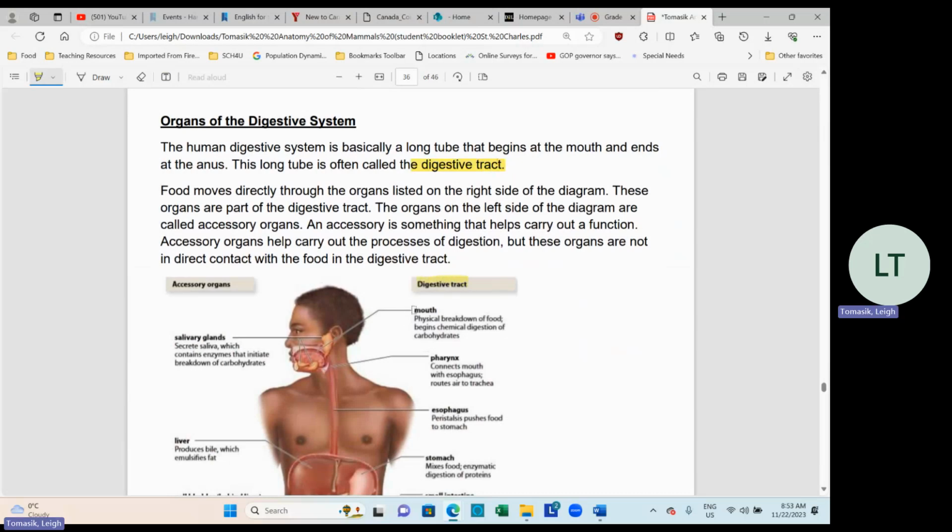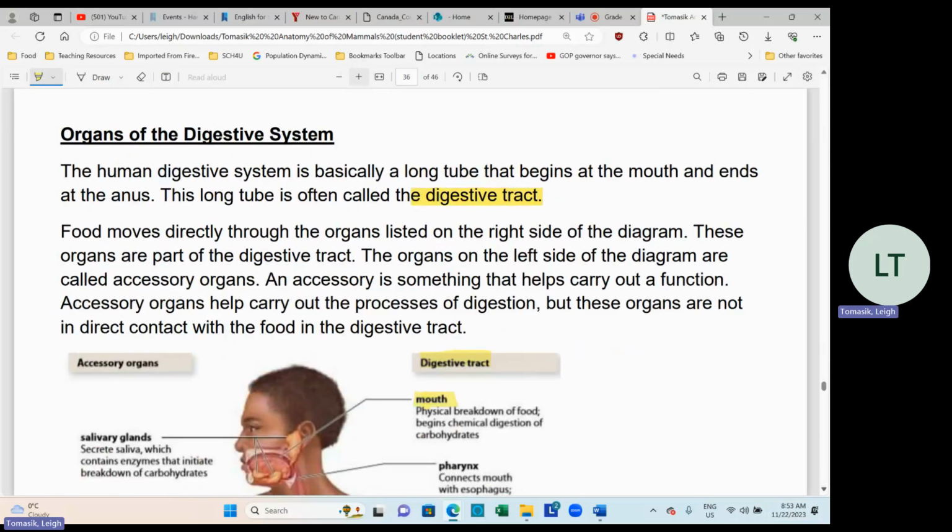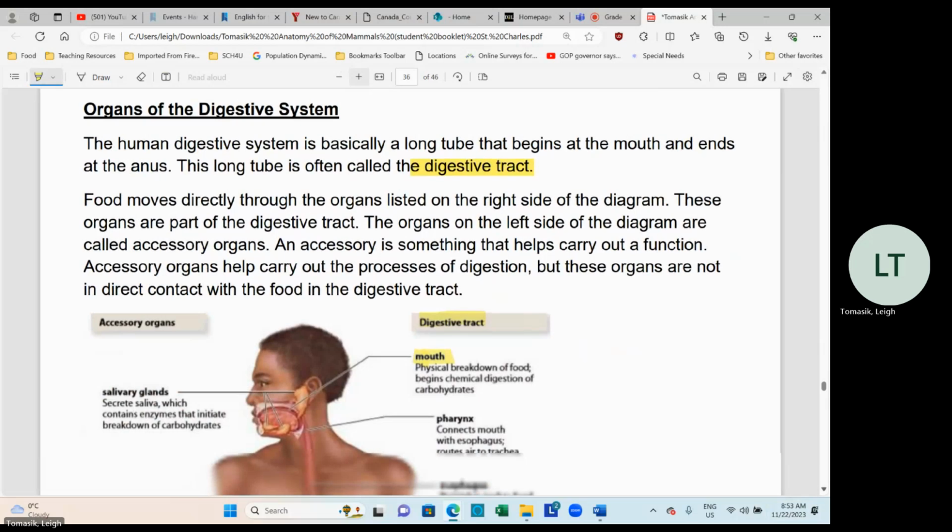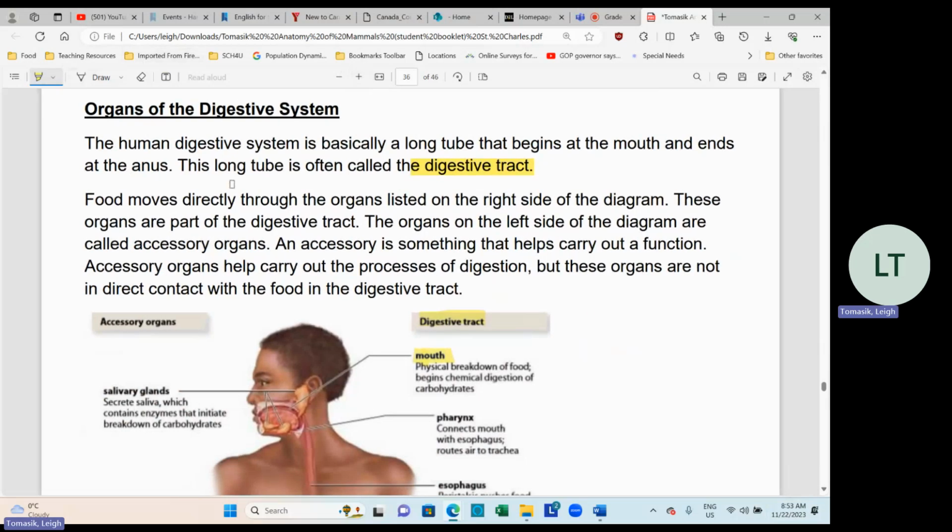So we can see the mouth, right? That's involved in ingestion and physically breaking down food with your teeth, and chemically breaking down food with your saliva, right? Especially carbohydrates. So carbohydrates are what is broken down in your mouth with your saliva.